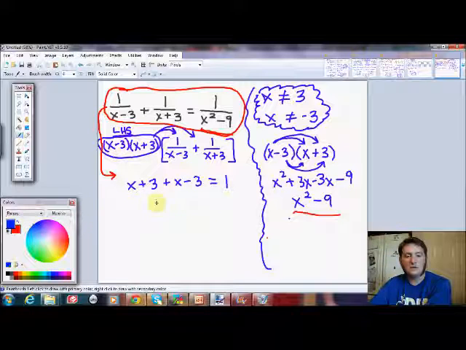Well, x plus x is 2x, and the plus 3 and minus 3 cancel out, and you divide by 2, and it turns out the answer is 1/2.